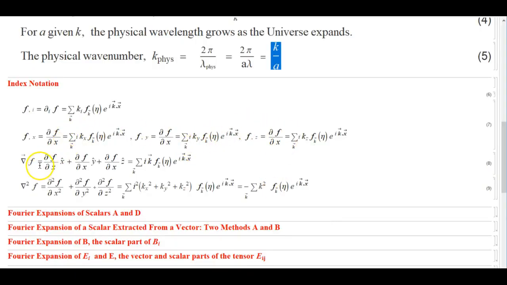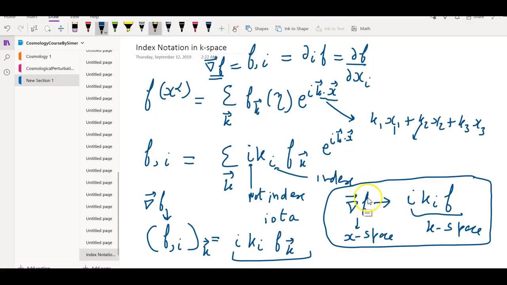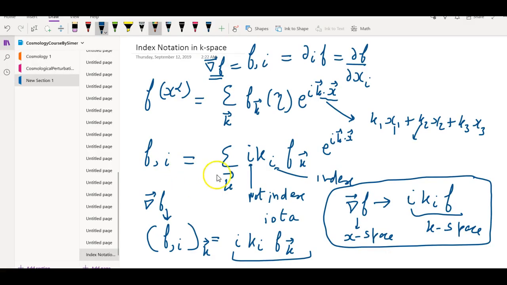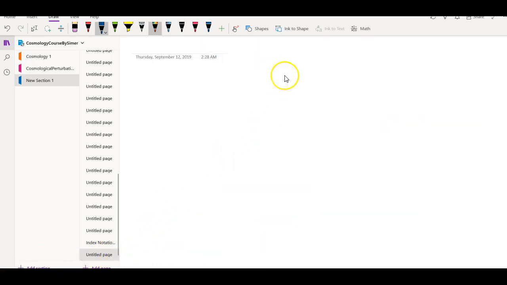What is the next thing we want to look at? Sorry, gradient we have seen. Next we want to look at del square. If you have del square f, then what do you do?